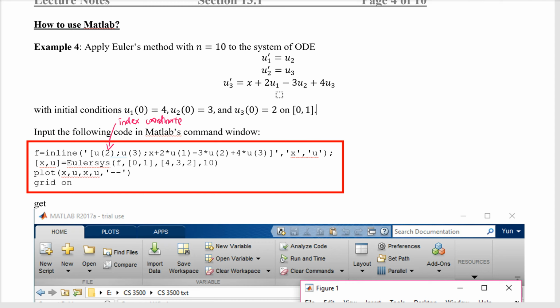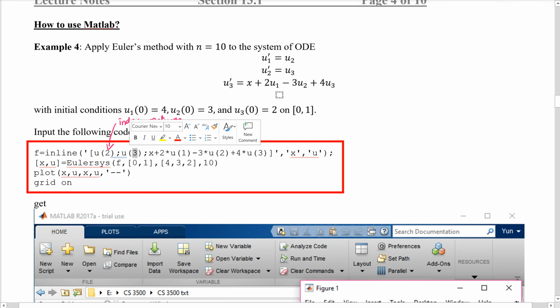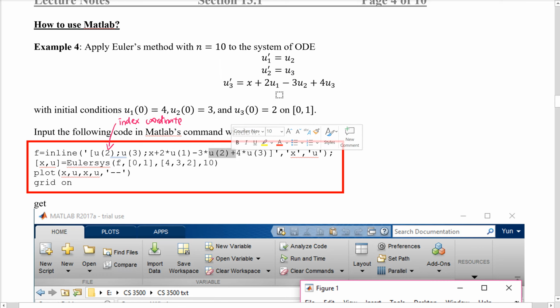Yeah, sorry, a lot of abuse of notation this session. And then u3, yeah, u3 is u of 3. And then we have x plus 2 times u1 minus 3 times u2 plus 4 times u3. Okay, this is a vector valued function. So f is a vector valued function.